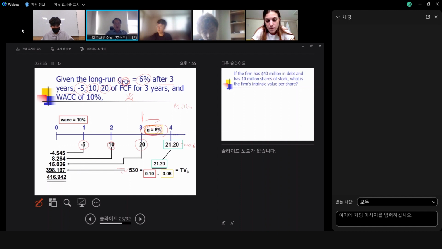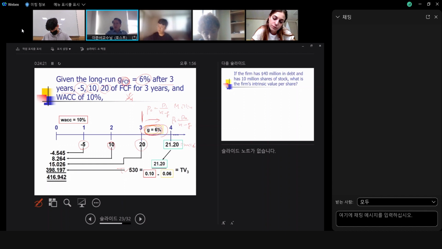So if dividend or free cash flow grows at a constant rate, then we can use the dividend discount model, right? So P0 equals D1 divided by Rs minus g, as you know. But for the terminal value, as of year 3, P3 equals D4 divided by Rs minus g.